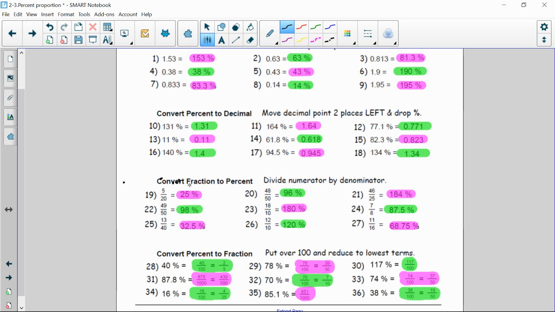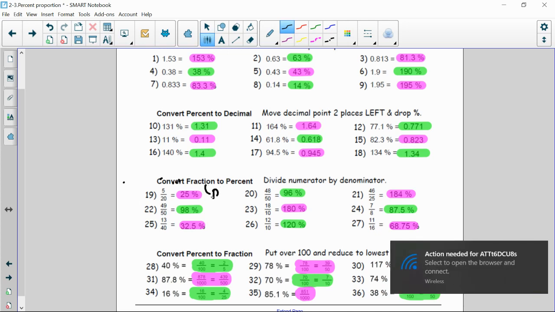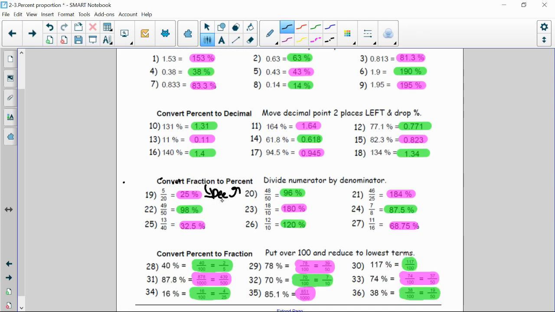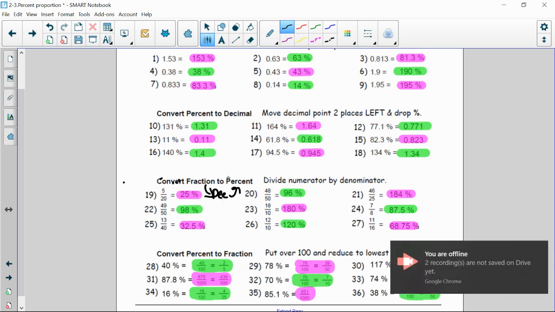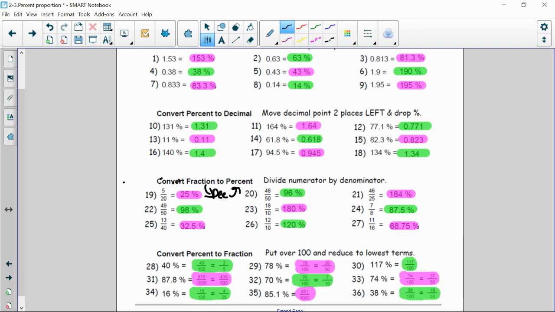You're technically going from a fraction to a decimal to a percent. Okay, I had a lot of kids only going from fraction to decimal. So make sure you took that extra part and put it in there.